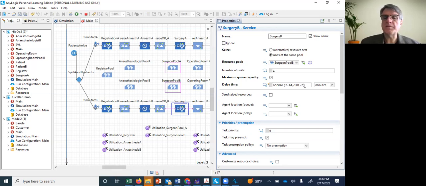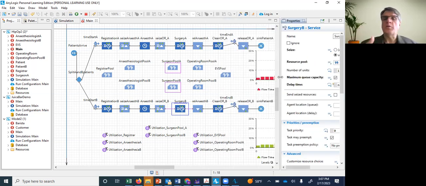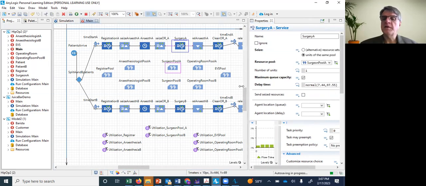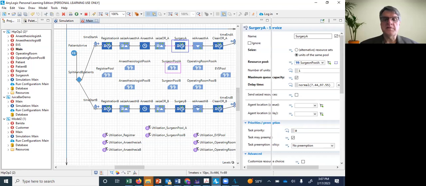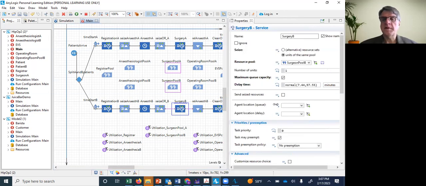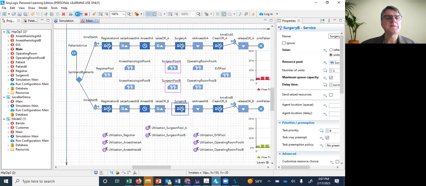But every little bit helps, at least on the flow time. So let's run this 3 times just so we get a sense of, this is now the underweight, normal weight, and a handful of overweight folks. So just confirm our numbers are in place. Always a little leery because I don't have to press enter in this thing. So 7.44, 97.55, and this one is the same, hopefully. Yep. Okay.